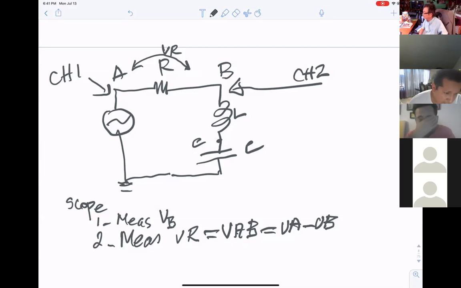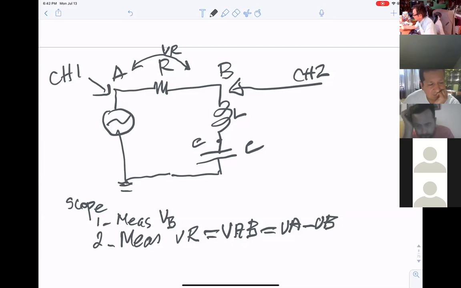One probe connects to A, the other connects to B. I'm not talking about any ground. Ground of the scope must be ground. You get that? Yes.